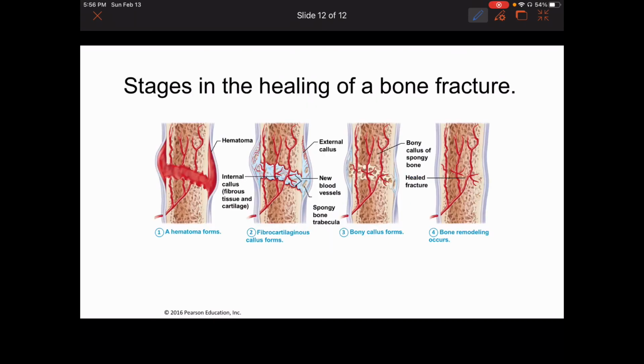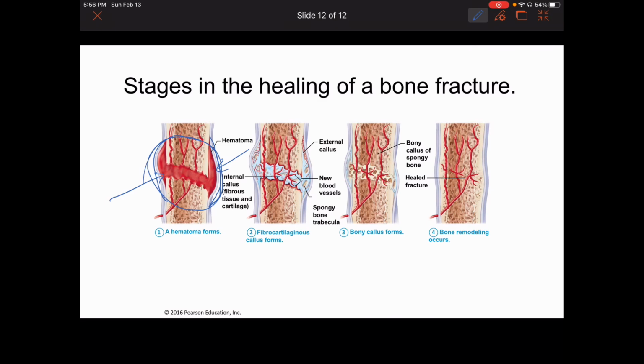So as you can see here, again, just to recap. This is the case of a not compound fracture, right? So these little simple breaks are hopefully going to still be enclosed by the periosteum, which can hold in the hematoma, which essentially is a large blood clot.